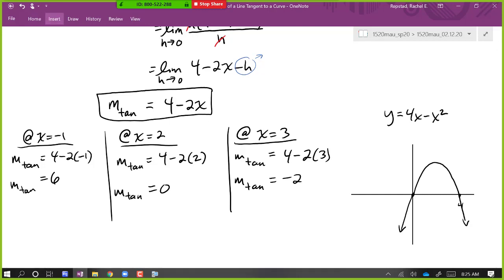Right, so the points we chose to look at were at like -1, 0, and 3, so right around there. If we evaluated the tangent slope at 0 or at 1 or 1.5, like any of these points over on this side, we would expect to get a positive result, right?